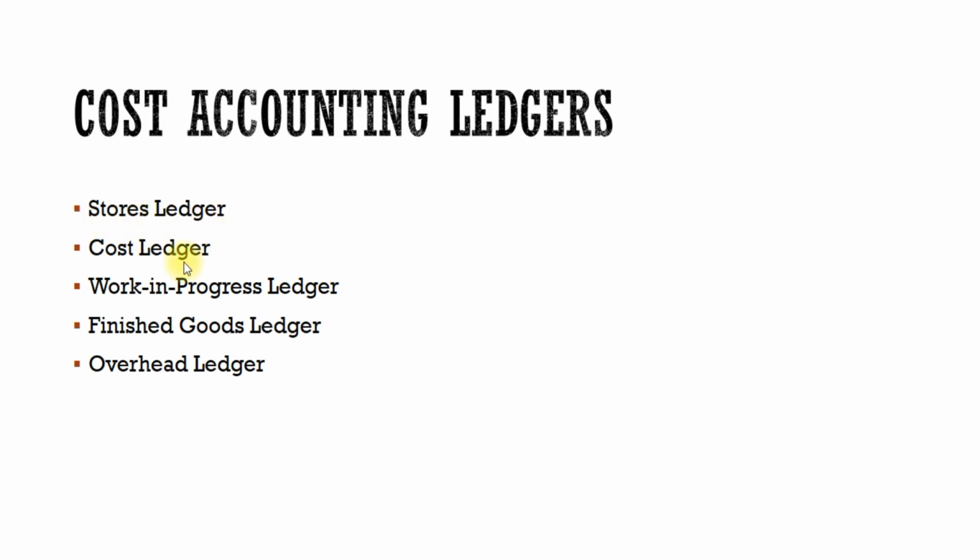Next, we'll take a look at the cost ledger. The cost ledger is the principal ledger and contains all impersonal accounts, real and nominal accounts. According to ICMA, the Institute of Cost and Management Accountants, London, it is a principal ledger in the cost accounting or bookkeeping system, where this ledger is kept distinct from but interlocked with financial accounts.